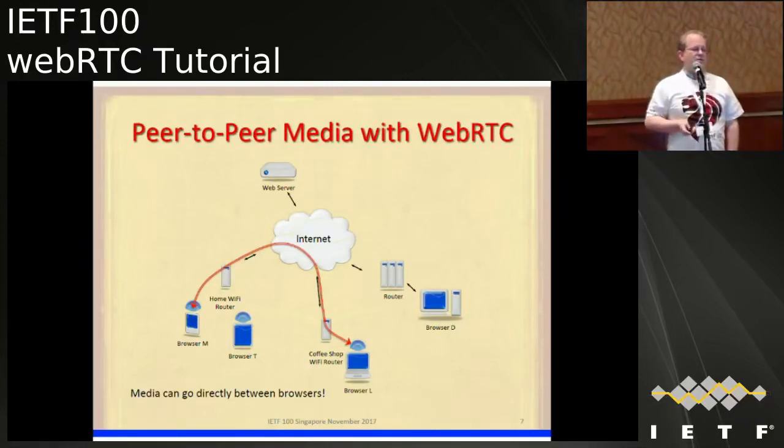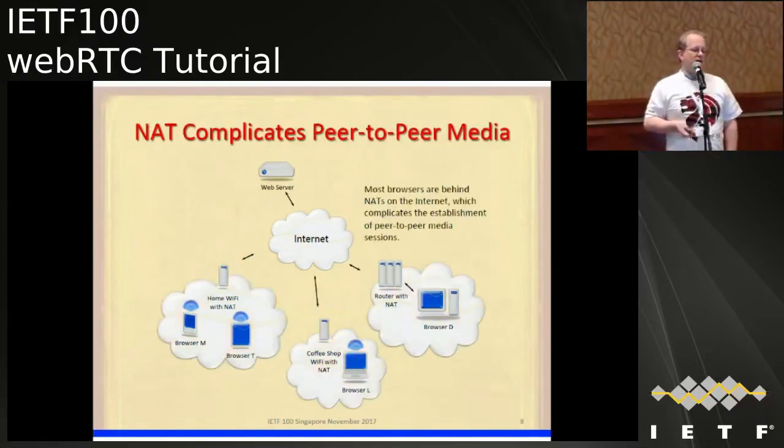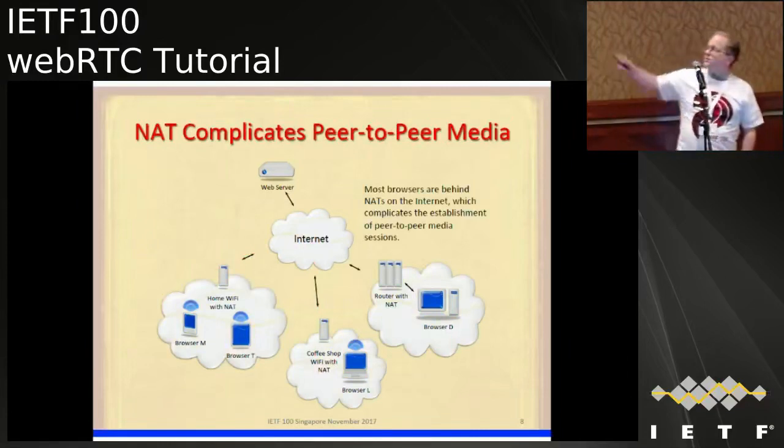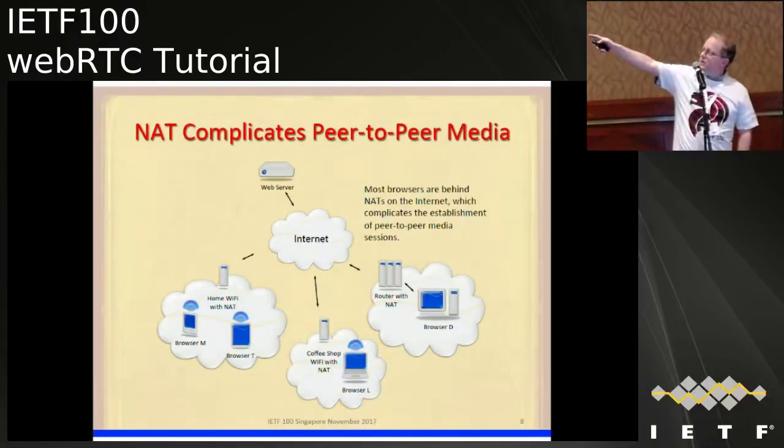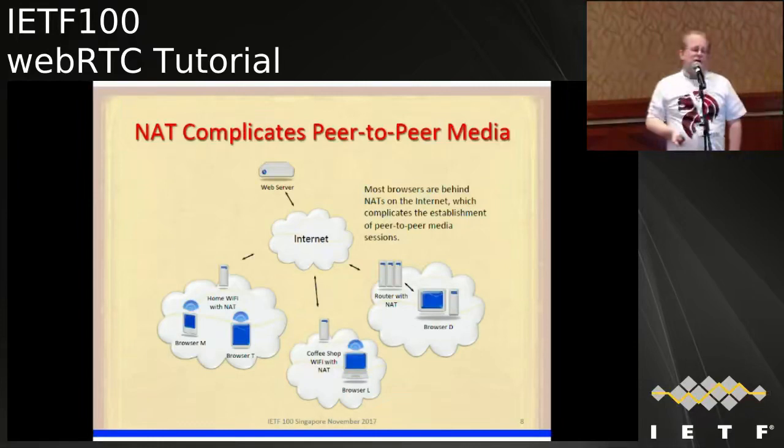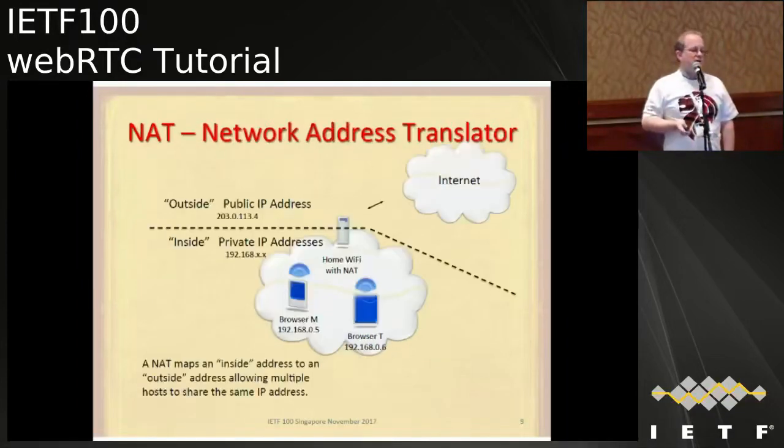But as we all know, this is not really what the internet looks like. The internet actually looks like this, right? So the mobile browser on the left and the laptop browser down in the center, each of these is behind an access point, a Wi-Fi access point of some sort, a home, coffee shop, whatever, which has its own network address translation.